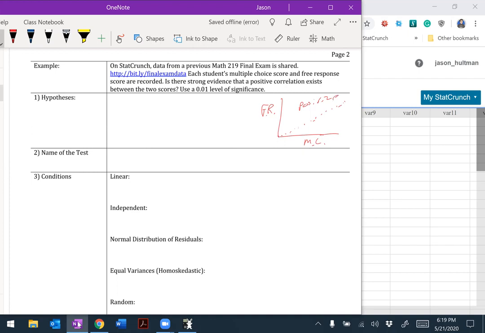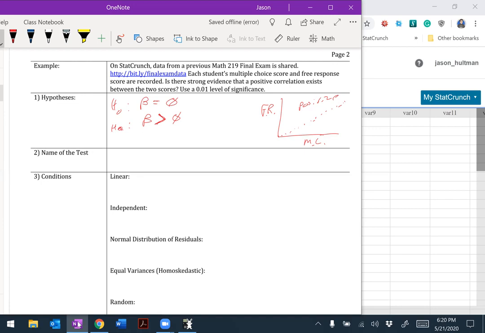So my null hypothesis is that beta, or the slope, is equal to 0, that there is no correlation between the two. And I want to know, can I reject that and accept the fact that there is actually a strong positive correlation?